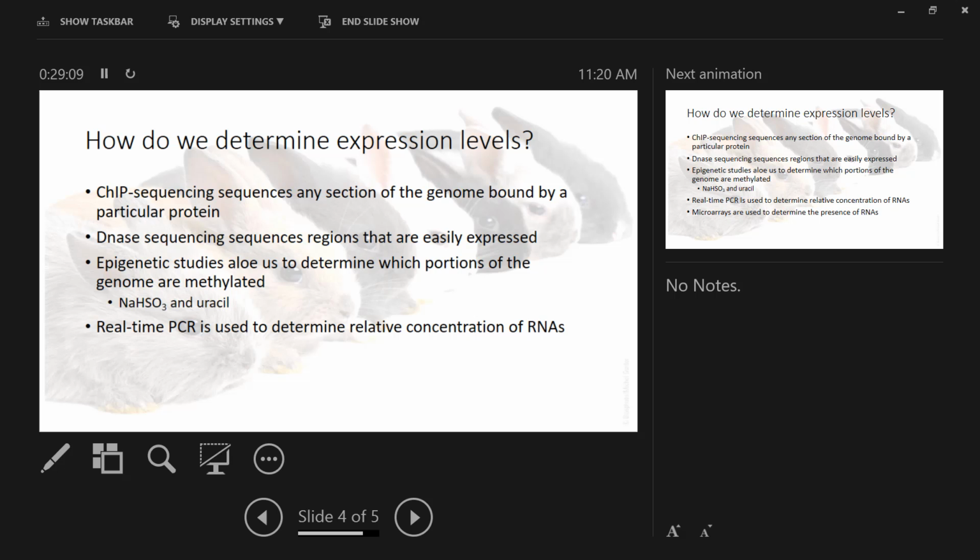All right, real-time PCR. Real-time PCR is used to determine relative concentration. And real-time PCR works in a lot of ways like actual PCR, where you design a specific primer for a specific region, for a specific nucleic acid or region of the DNA, and then you supply DNA polymerase and you supply nucleotides and you let DNA polymerase do what DNA polymerase does best.